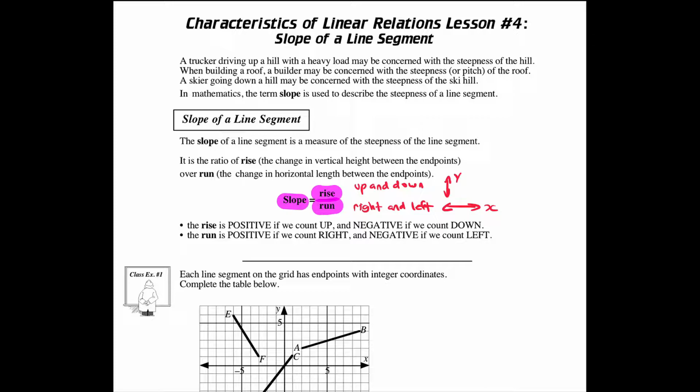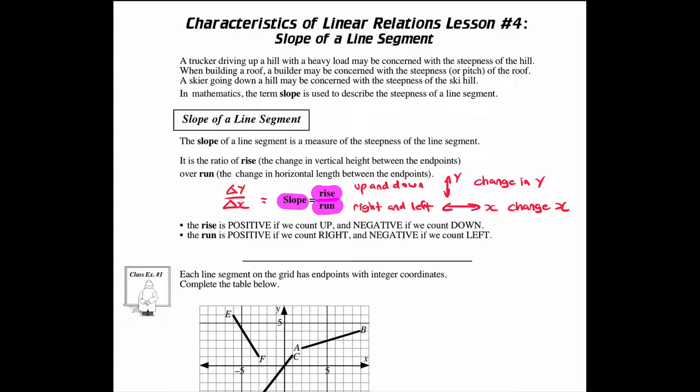So basically the rise is going to be your change in the y, and the run is going to be your change in the x. So slope really is just equal to the change in y over the change in x.